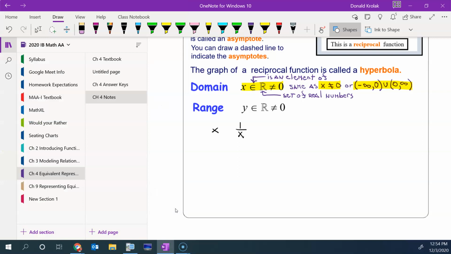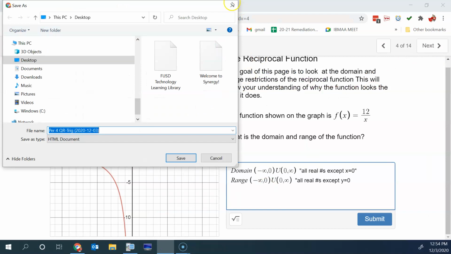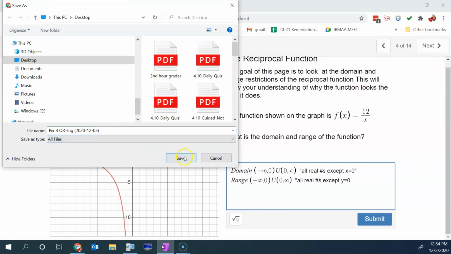As I take smaller and smaller values of x, what happens to the answer to this division expression? It's going to get smaller.